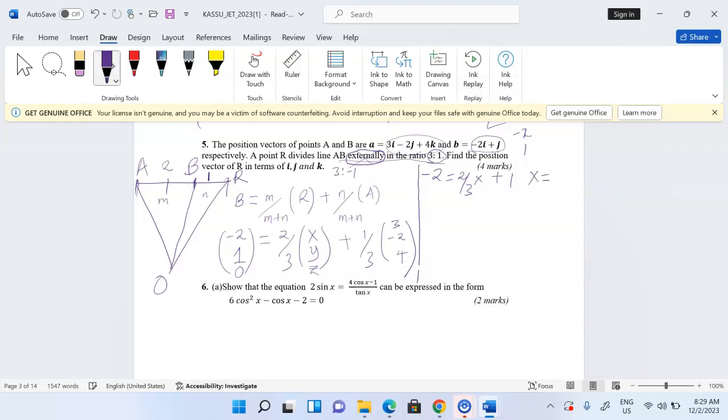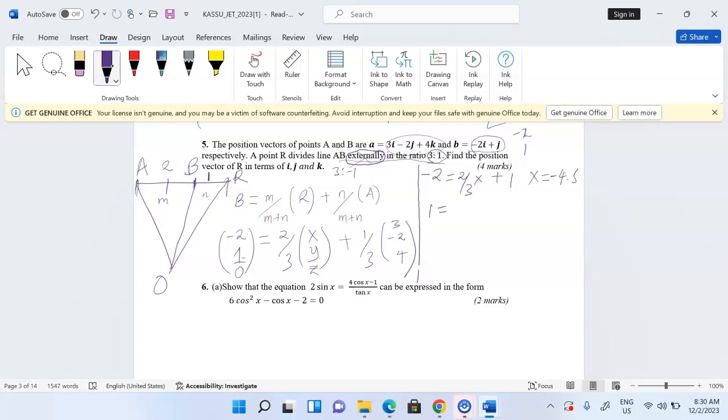Therefore x is going to be -3 times 3/2, which is going to be -4.5.